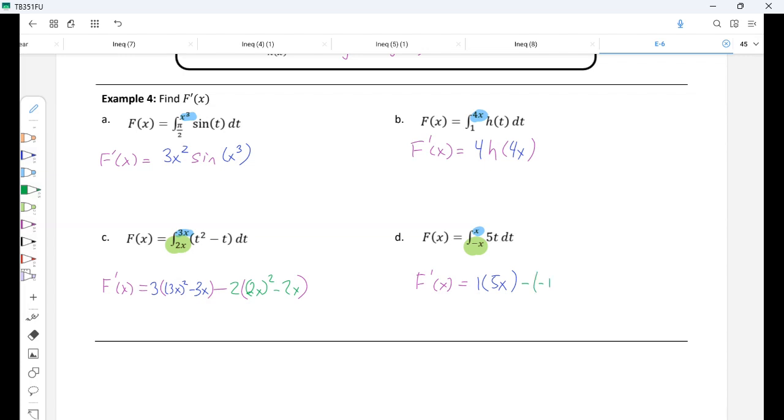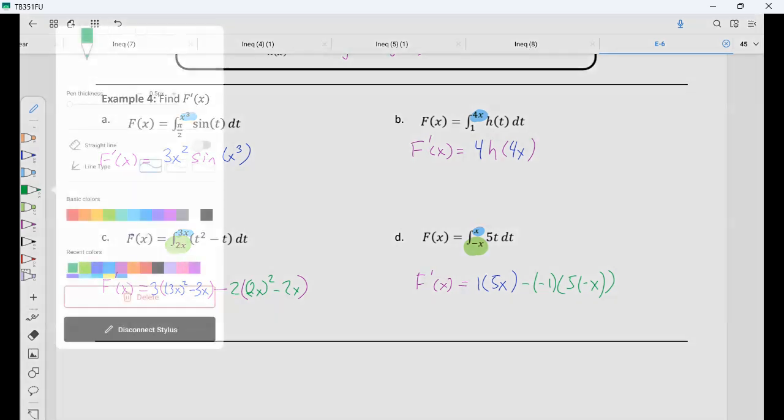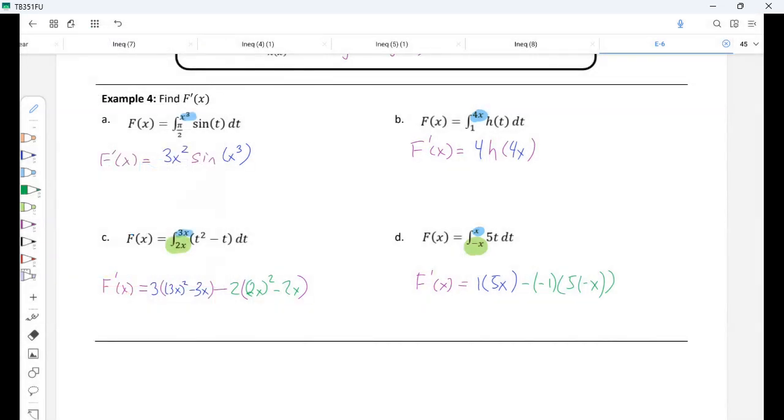So that's going to end up being negative 1 times 5x. Yes, thank you. It'd be 5 times negative x. Yeah, it does equal 0, doesn't it? So we end up with 5x minus 5x, which is 0. I think if you evaluate that derivative, you actually get a constant, which is kind of why this happens like that.